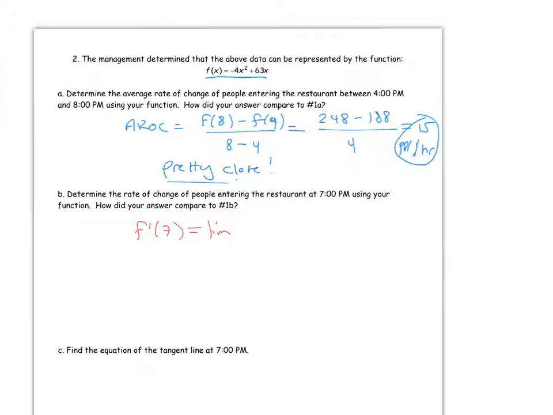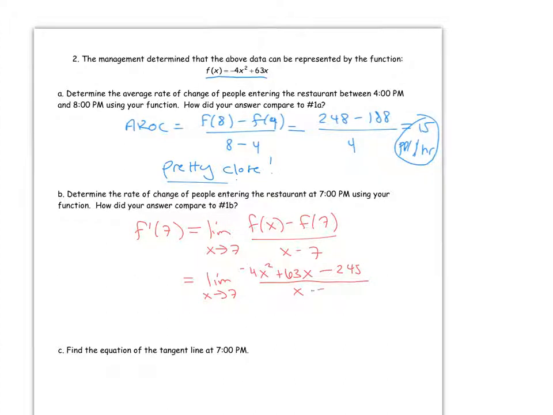So the limit as x goes to 7, f of x minus f of 7 divided by x minus 7. And in this particular case, that is the limit as x goes to 7 of negative 4x squared plus 63x, and f of 7 is equal to 245, divided by x minus 7.